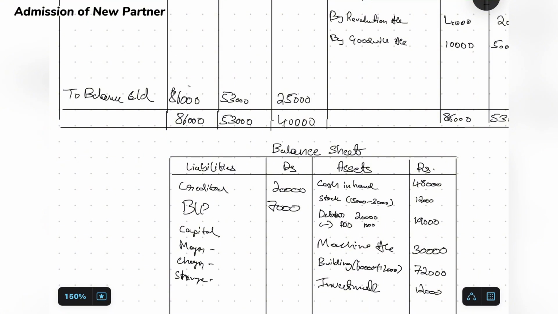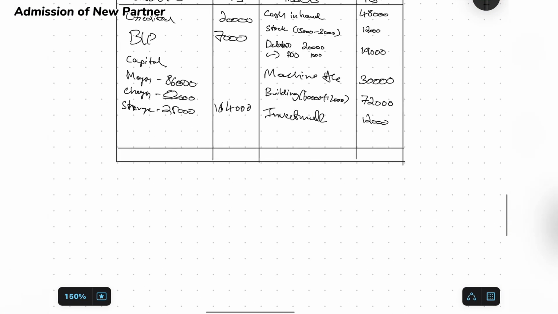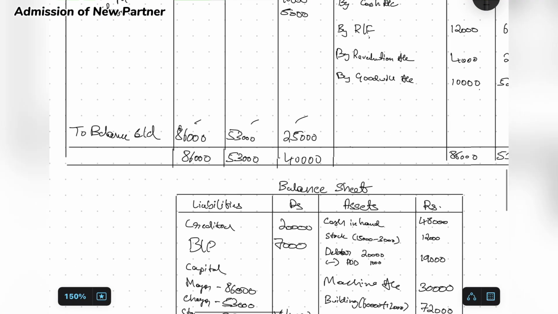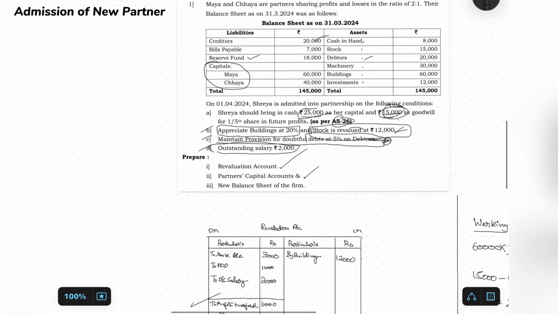Here we can see the capital balances of the three: 86,000, 53,000 and 25,000. When I add up all the capital balances, 86,000 and 53,000 and 25,000, I'll get 1,64,000. And I'll come to the adjustment parts.